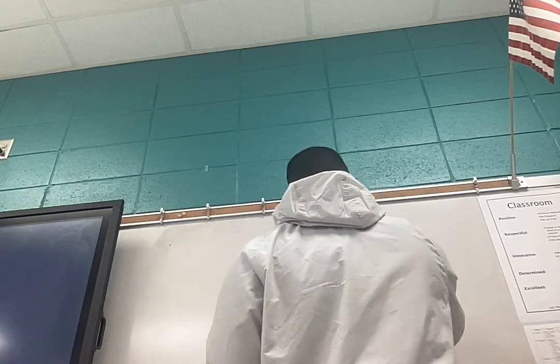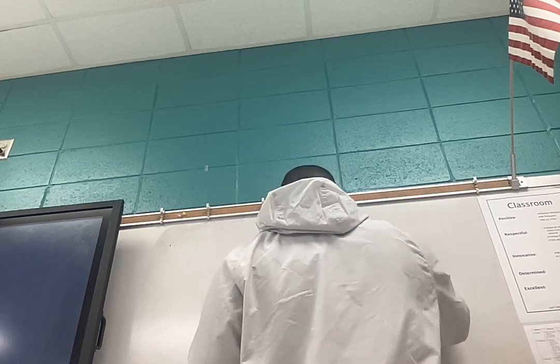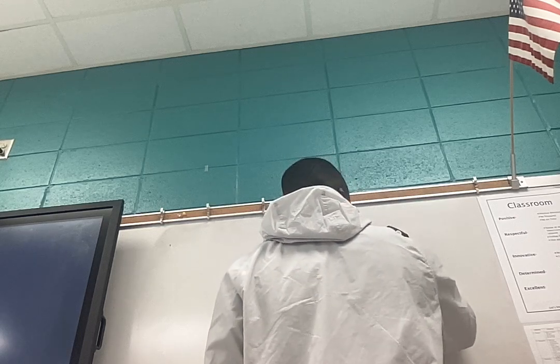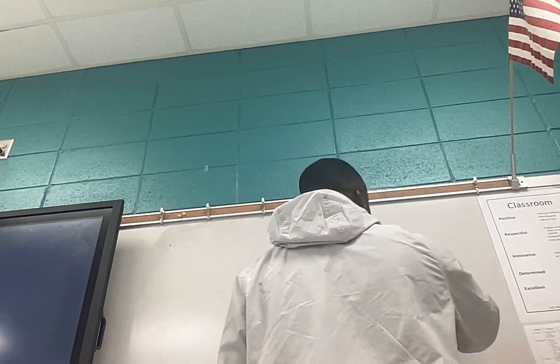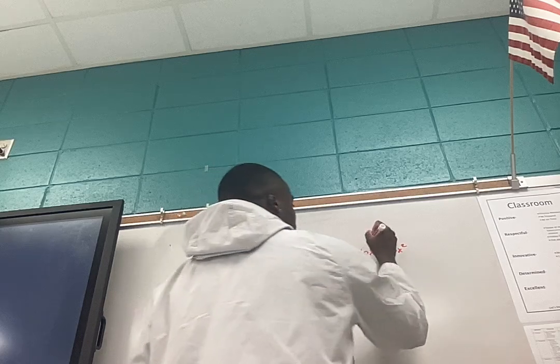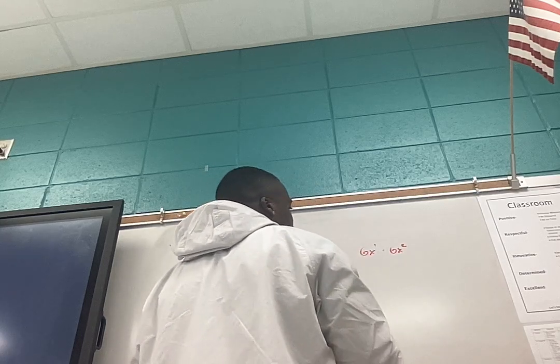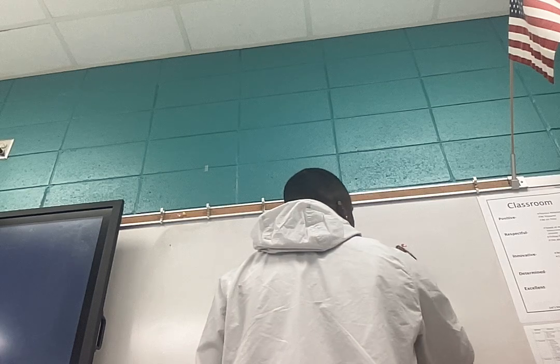Let's write it out again. Somebody tell me what it is. 6x times 2x squared. Is there an exponent for this first one? No. Do we have to add an exponent? We want to add an exponent. And then you multiply 6 times 6. So let's write it all down. We have 6x.